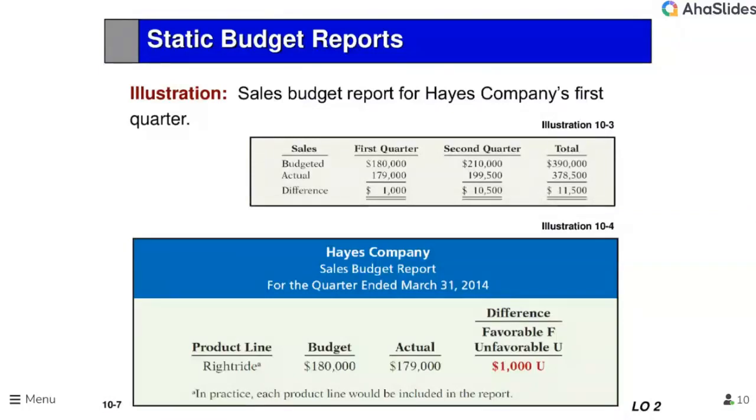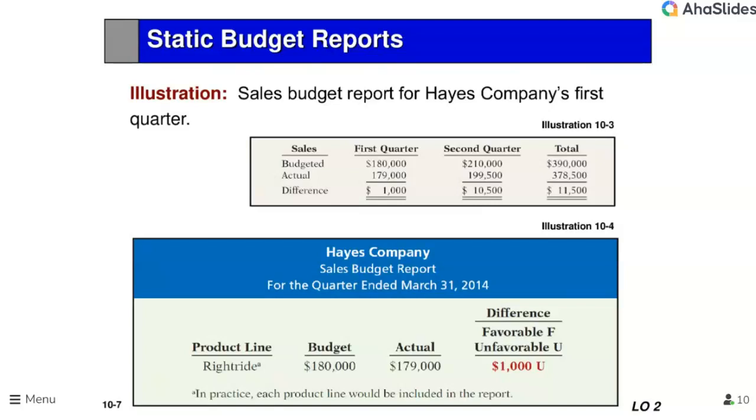In the first quarter, the budget was 180 and the actual is 179. And that means I have $1,000 difference between the budget and the actual. That is a variance.